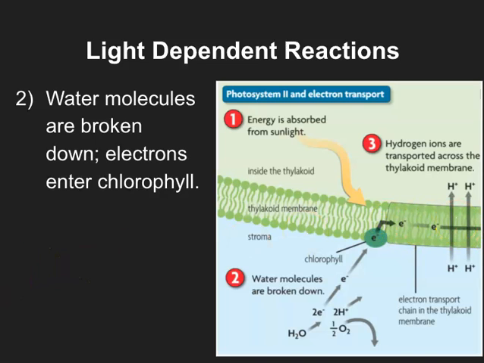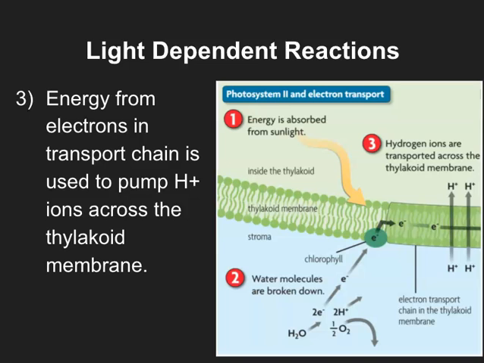Now, once the electrons have moved into the electron transport chain, that energy is going to be used to pump the hydrogen ions found in the stroma that were broken down from our water across the thylakoid membrane and to the inside of the thylakoid.